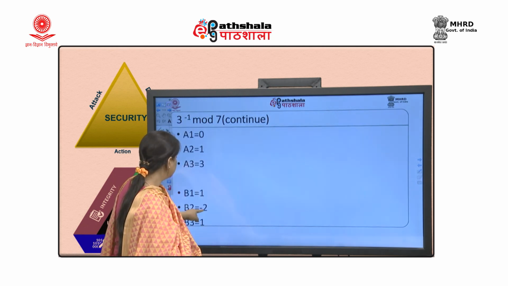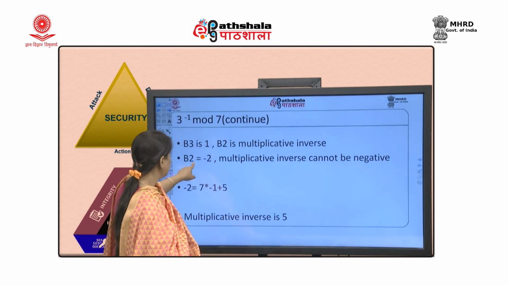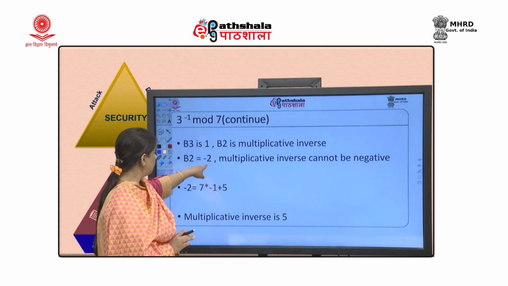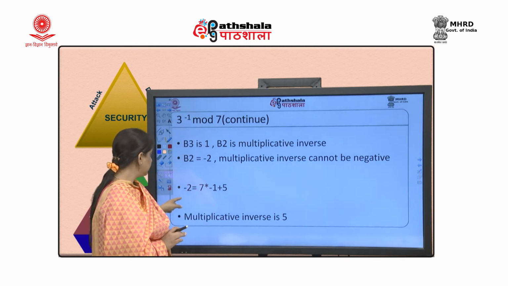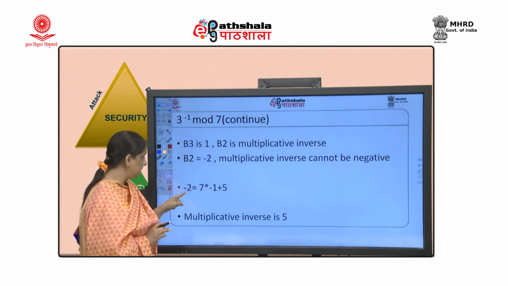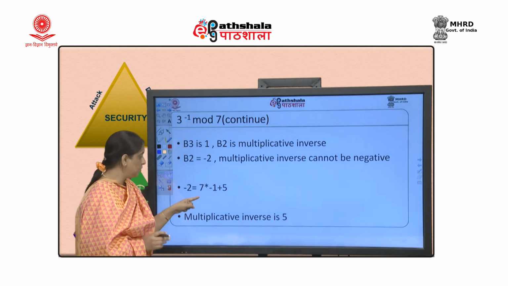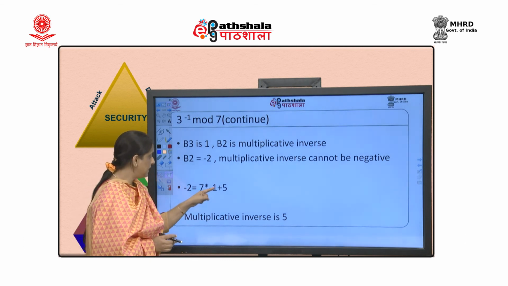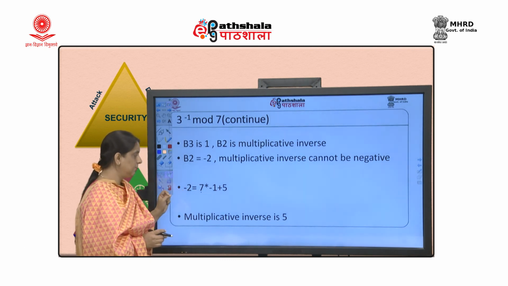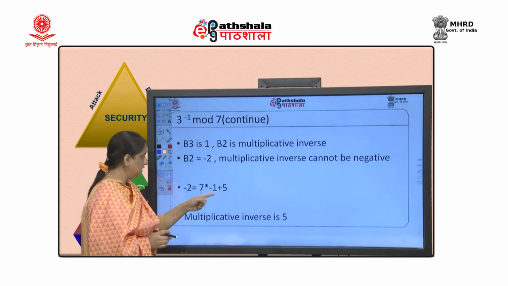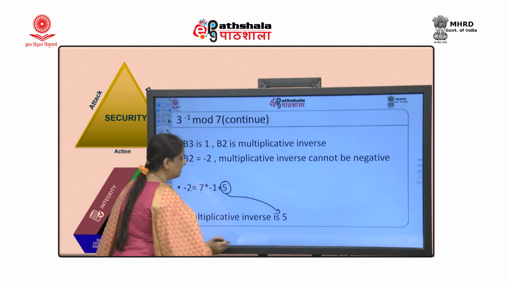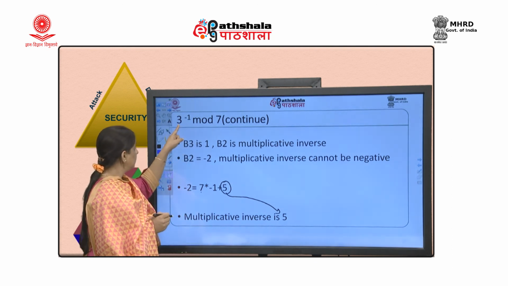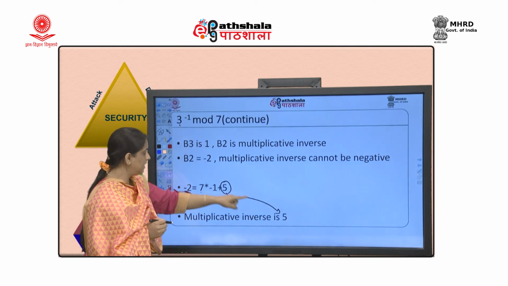So, minus 2 is the inverse. Now, a multiplicative inverse cannot be a negative number, so convert it to a positive number. In the beginning I taught you how to convert minus 2 by adding 7, which gives you 5. So, minus 2 is converted to the positive number 5, and 3's inverse mod 7 is 5.